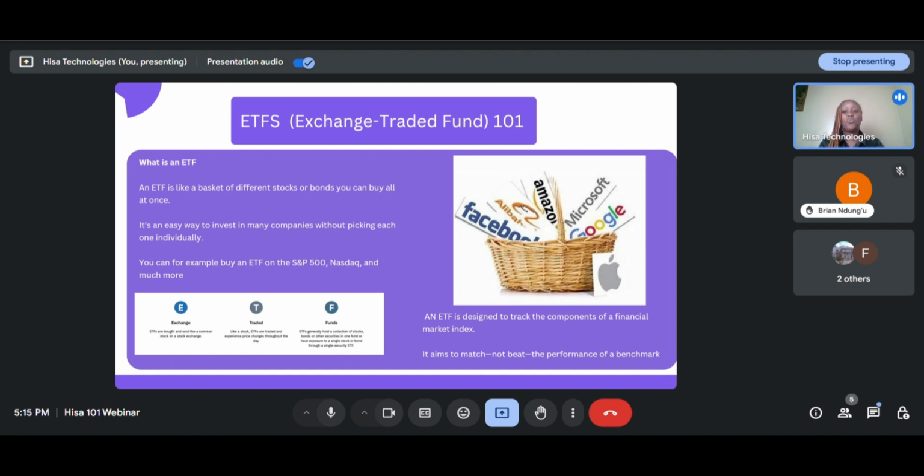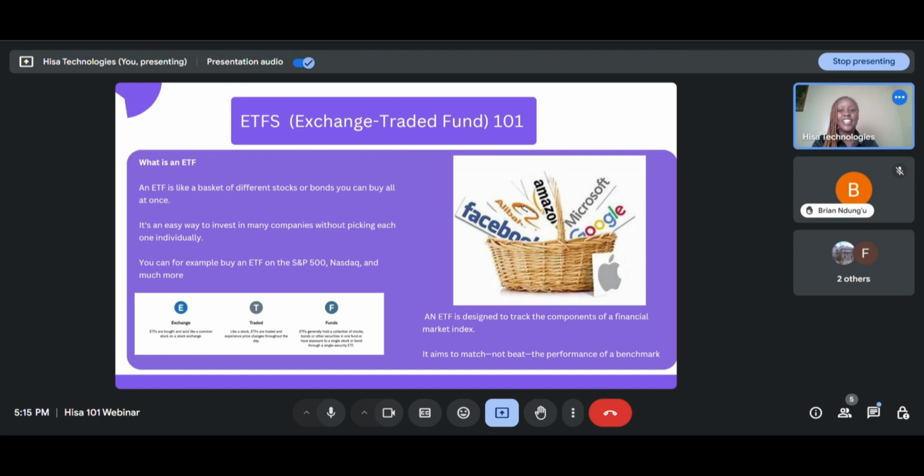And that is what we call an ETF, a collection, a basket of these stocks. It can be stocks, it can be bonds. So it is an easy way for you, the investor, to invest in many companies without having to pick just one stock. All right. And it is cheaper, by the way.